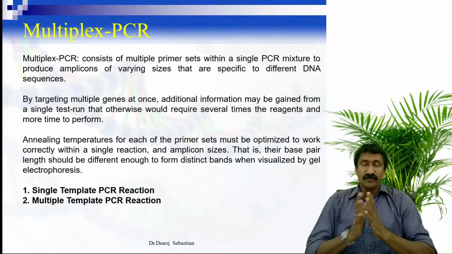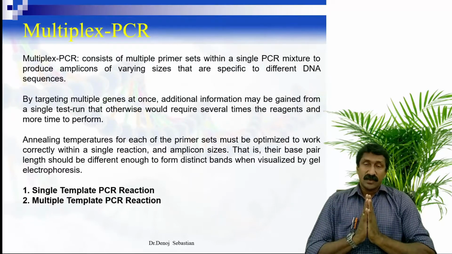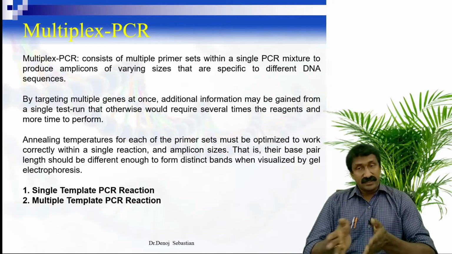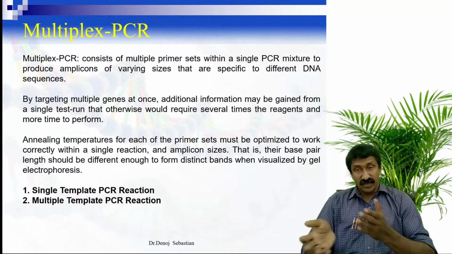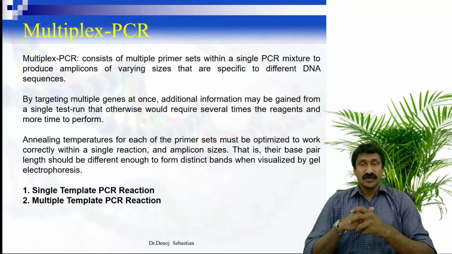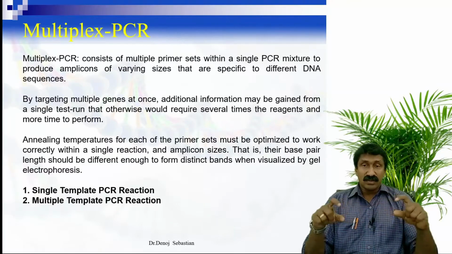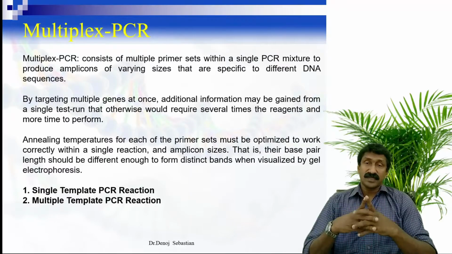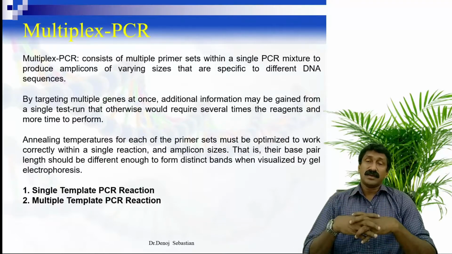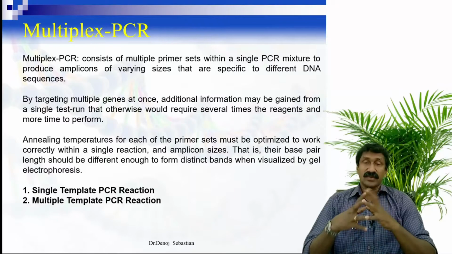For example, for one primer pair, 62 may be the optimal annealing temperature. Another primer pair may have 58, and for another one, maybe 56. You cannot use all these different primer pairs, which have different optimal annealing temperatures, in the same reaction mixture.